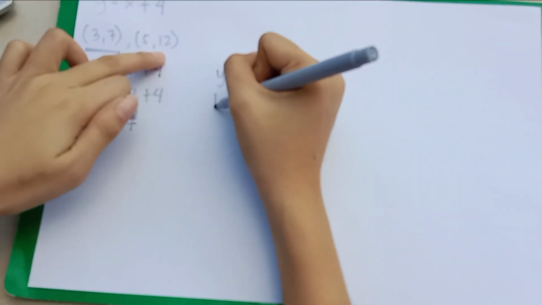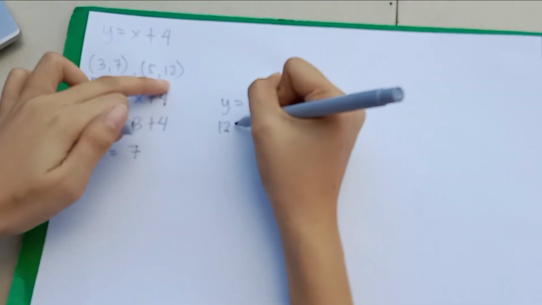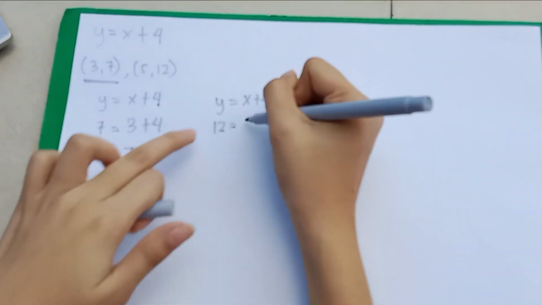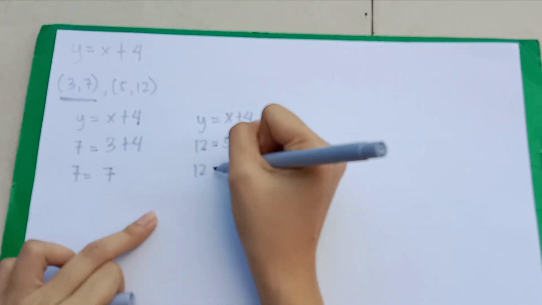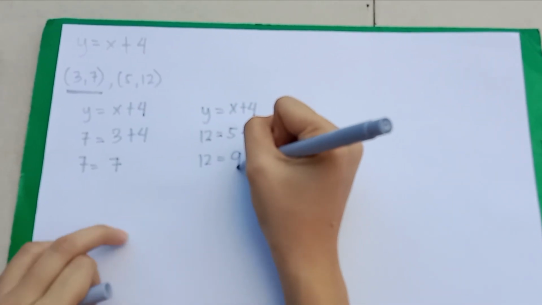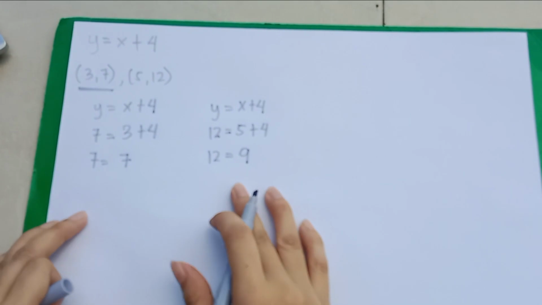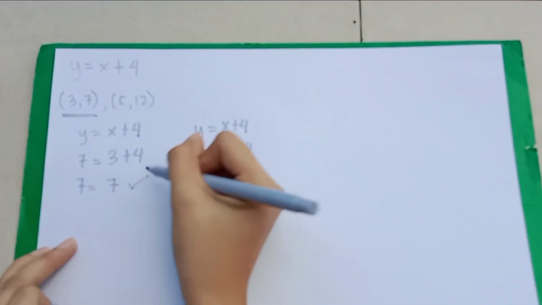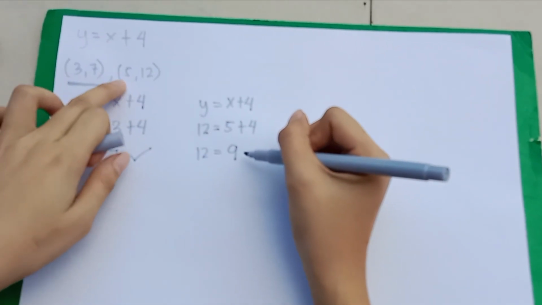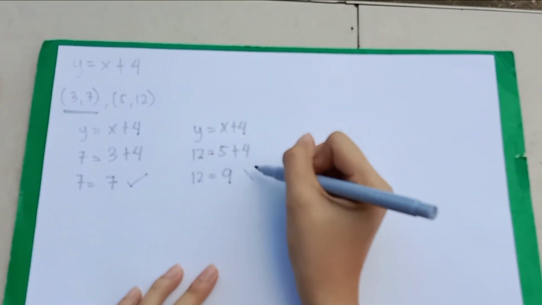So y here is 12, x is 5, plus 4. So 12 versus 5 plus 4, which is 9. So we can say that 3 and 7 is a solution, while 5 and 12 is not a solution to the equation.